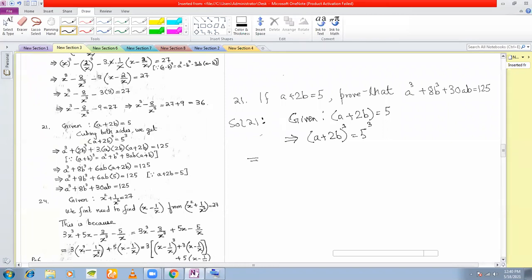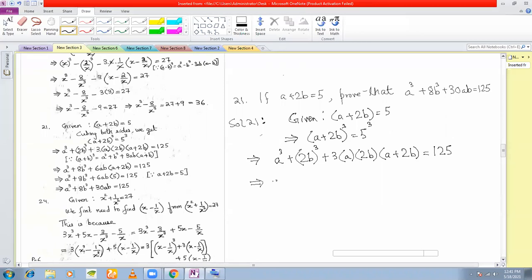Now we use A plus B whole cube formula. A cube plus B cube plus thrice A B into A plus B is equal to 125. 5 cube is 125.